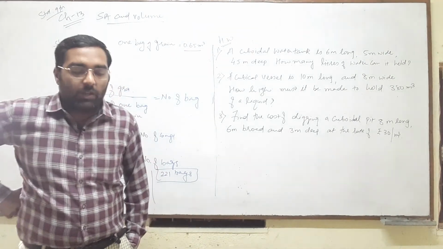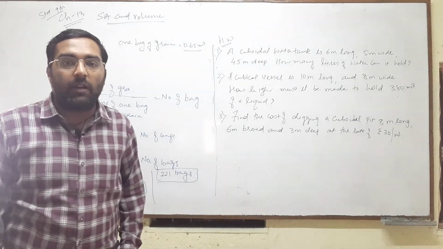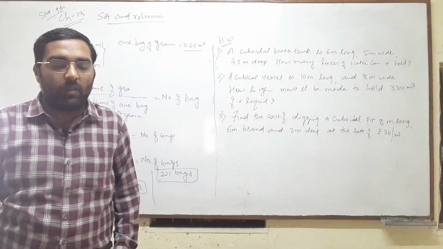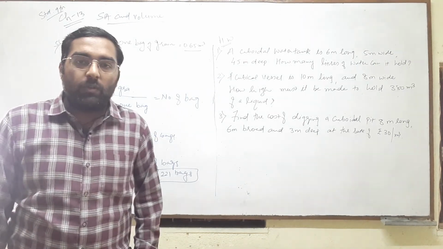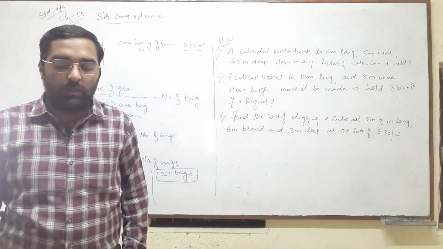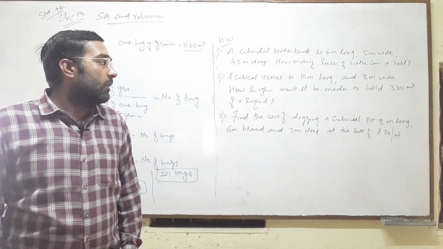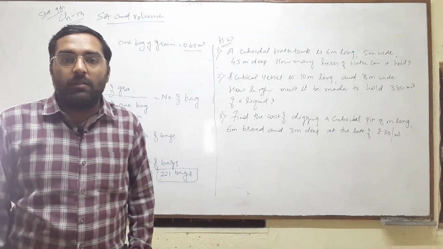In the next session we will learn which types of questions are asked in the MCQ for cube and cuboid, in surface area and also in volume. So students, till then, goodbye and stay blessed.